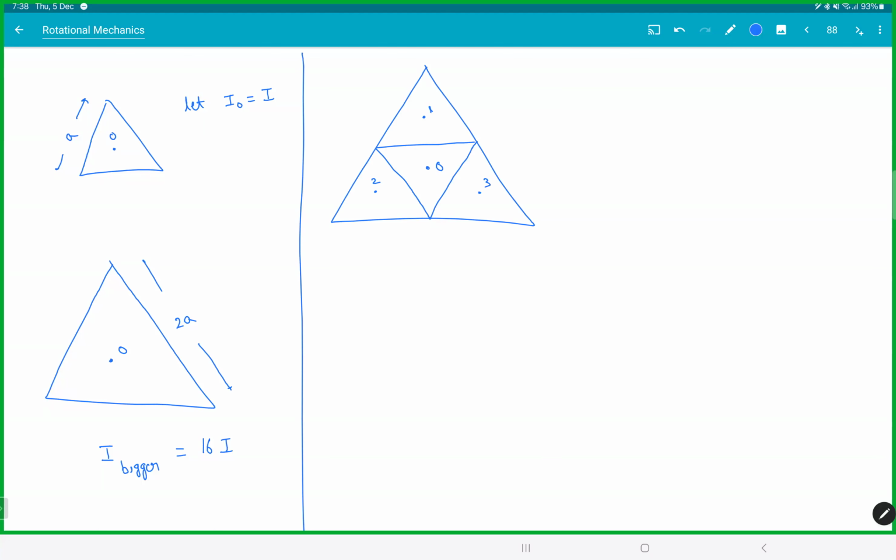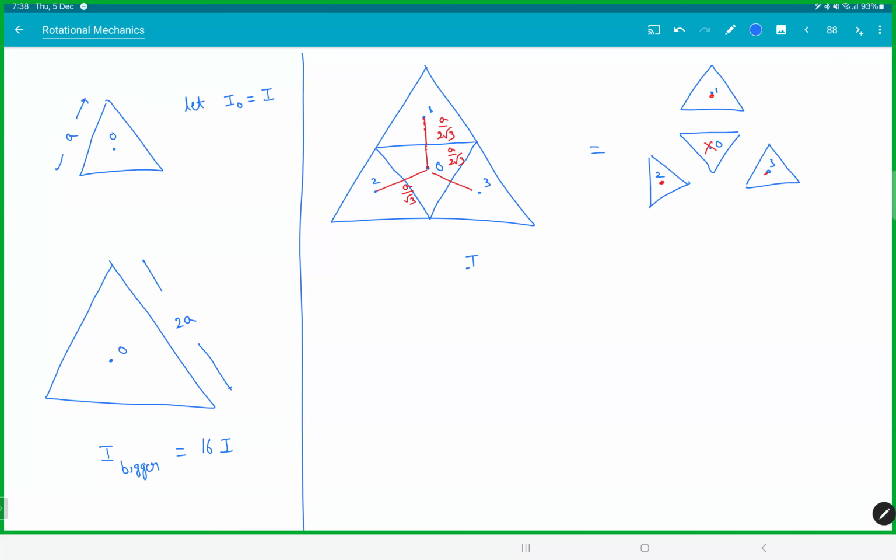So the moment of inertia of this full triangle is nothing but the moment of inertia of this first triangle, this middle triangle, this triangle, and this triangle about the same axis. I need to find the moment of inertia of all these three about this axis. Make sense? Now in an equilateral triangle, what is this height? This height will be a by 2 root 3. This height also will be a by 2 root 3. That means if you look at these distances, these are a by root 3.